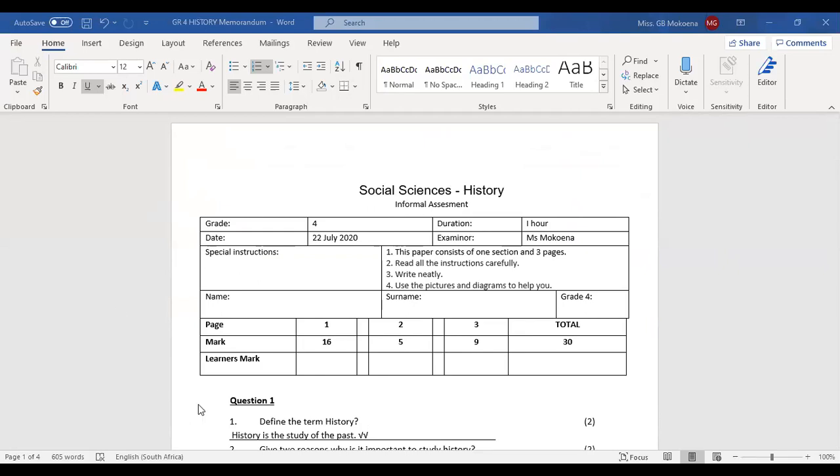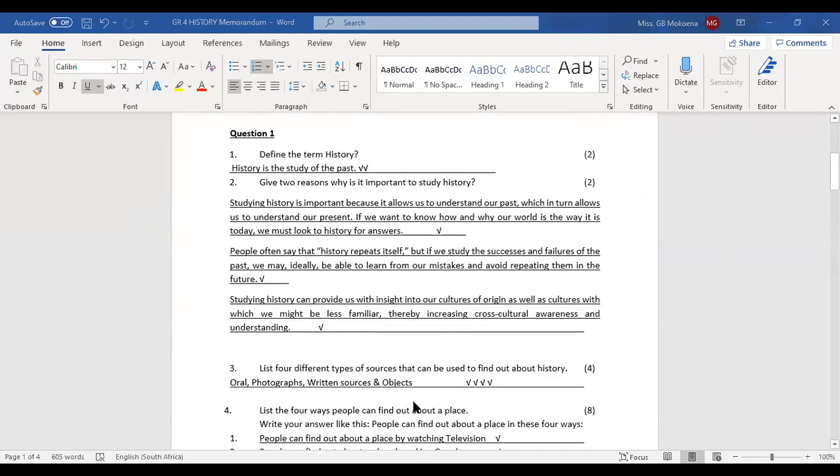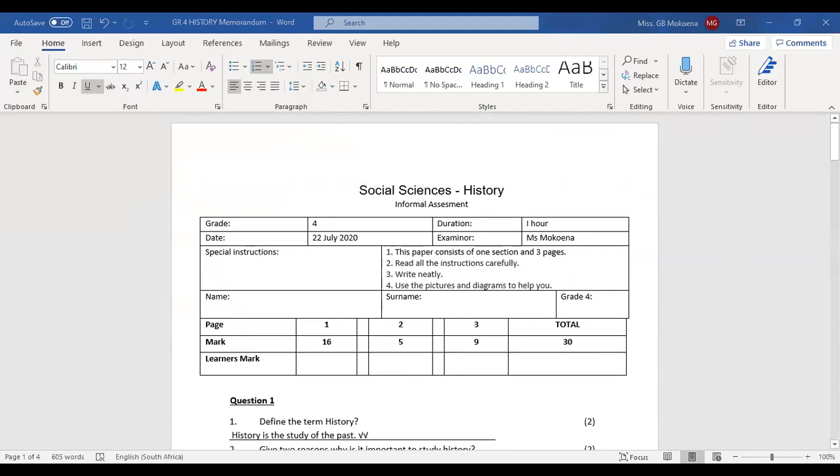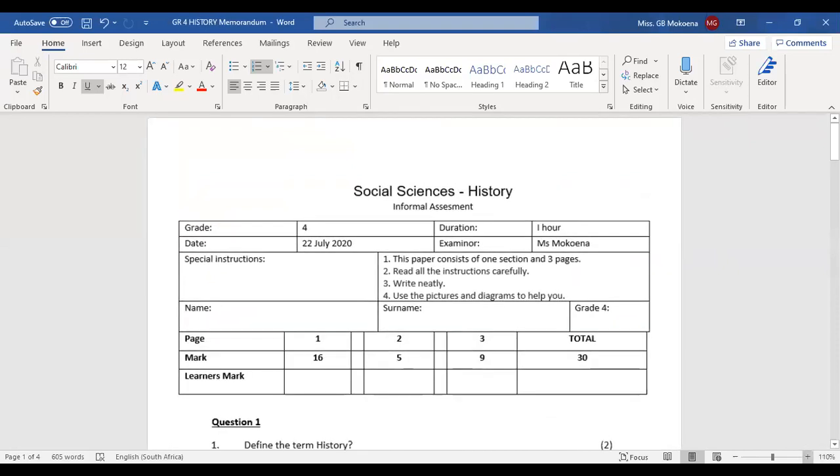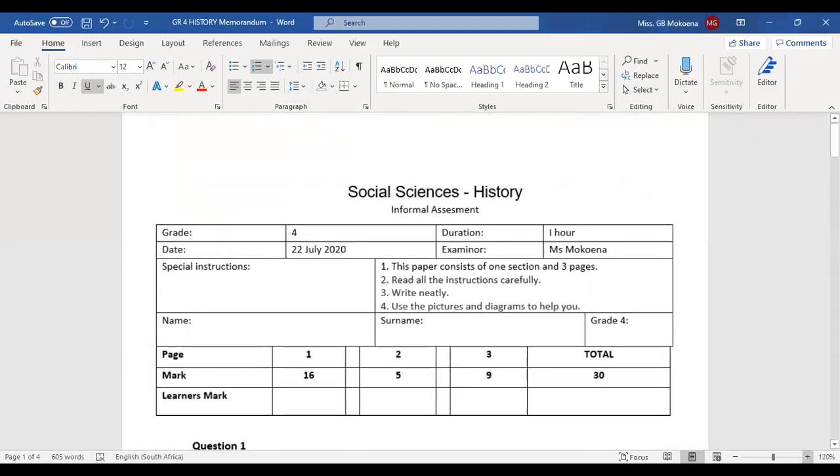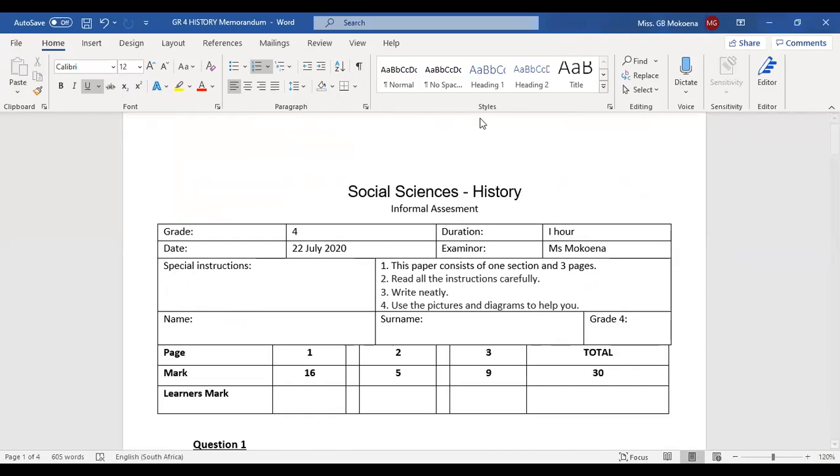You got something like this, but this one has answers, so we are going through it now. Let me zoom it. Can you see it properly? Say yes on the group chat if you can see it. Then we move.